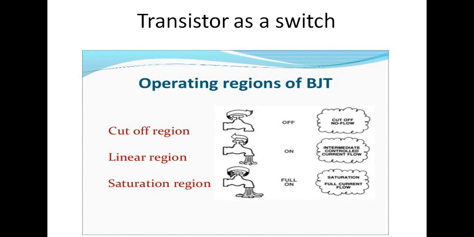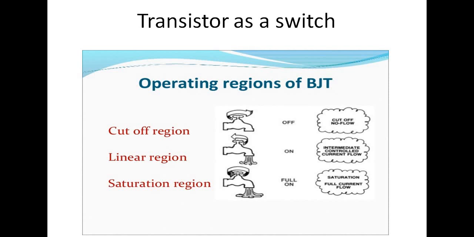If you would like to operate a transistor or BJT in the cutoff mode, VB is supposed to be less than 0.7, and as current is 0 through the collector resistor RC, the output is high.